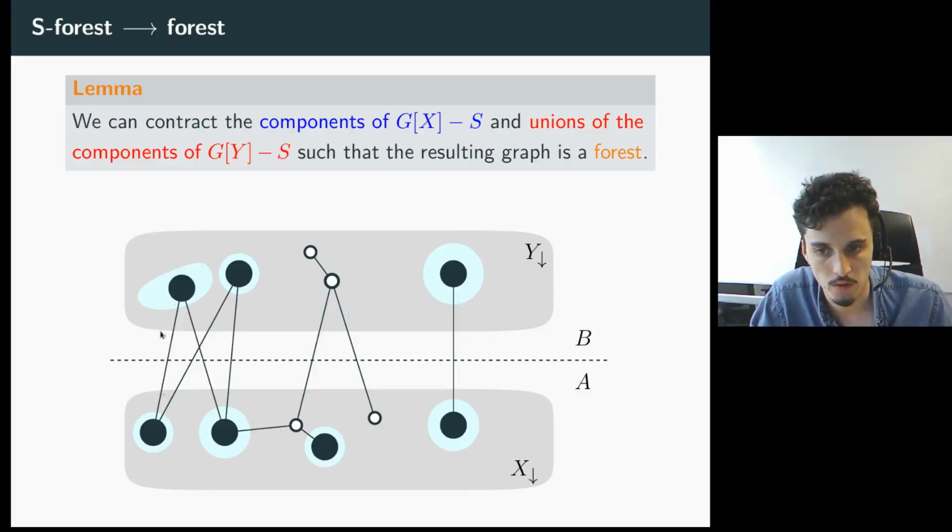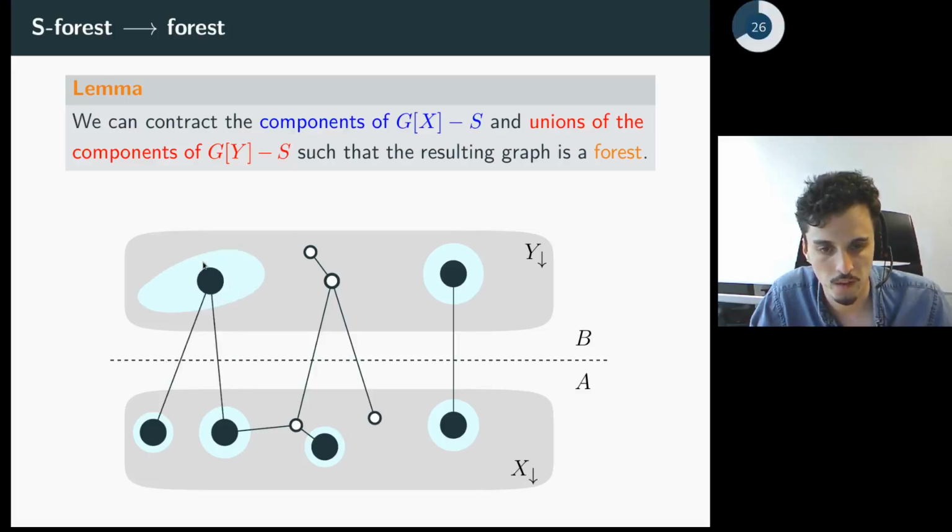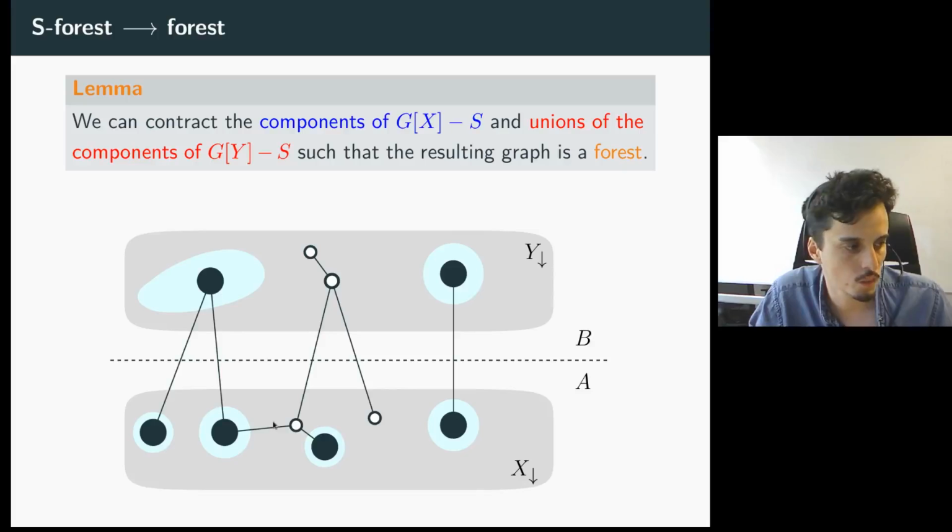So here, for example, we have this cycle, but we can contract these two guys to obtain a forest. So in Y, we have multiple choices for the contractions, but on this side, we have only one choice for each partial solution. And this is fine because we are dealing only with this side. So for each partial solution, we have only one contraction.